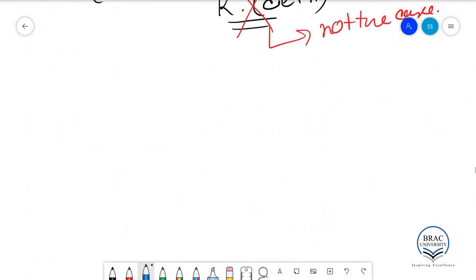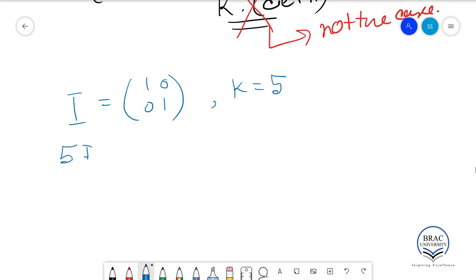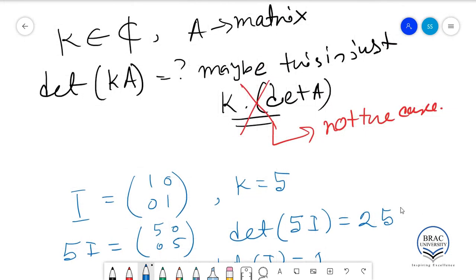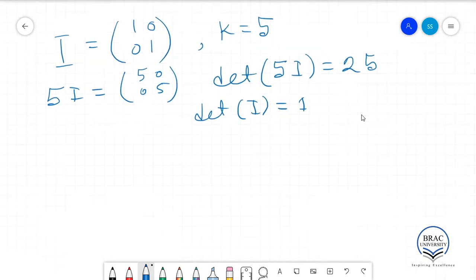Let's take the identity matrix I, the 2 cross 2 version, and let's take K equals to 5. So 5I is just 5 0 0 5, right? And if you compute the determinant of 5I, this is 25, but the determinant of I is just 1, and if we had this over here to be true, that is K times determinant of A, we would have written 5 times determinant of I, right?